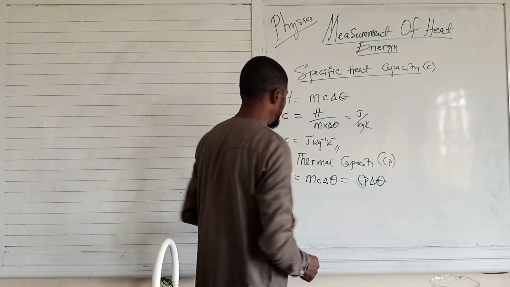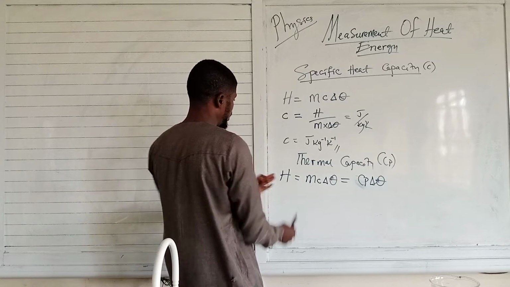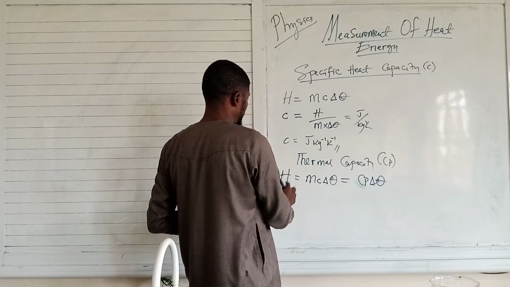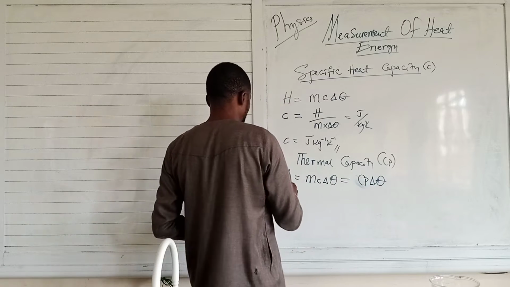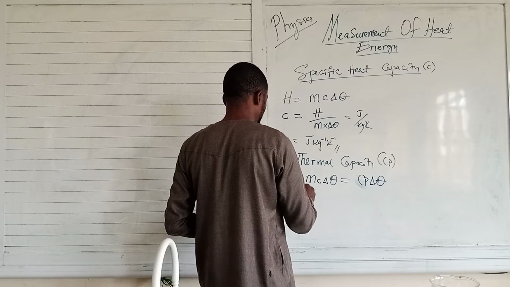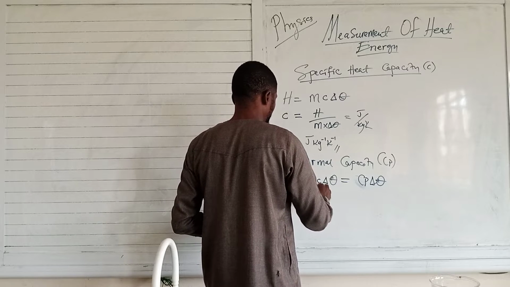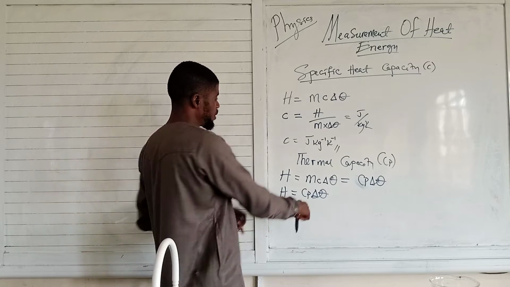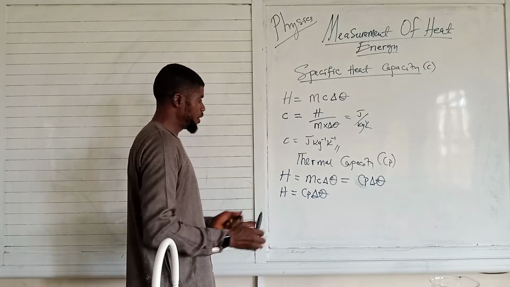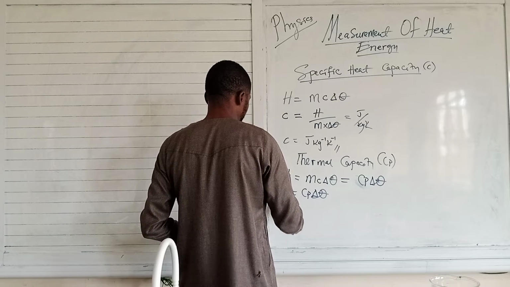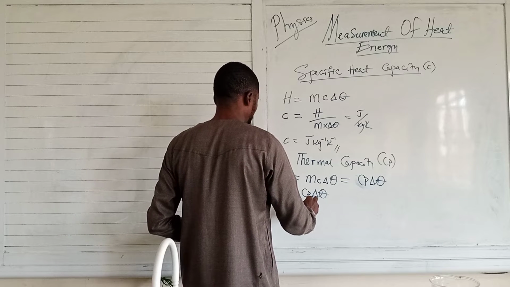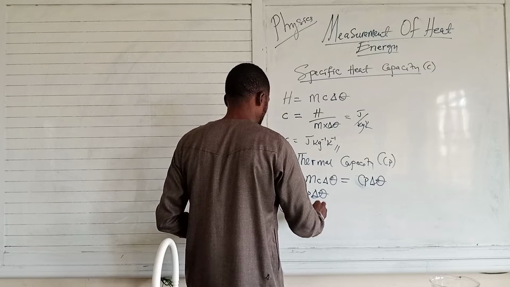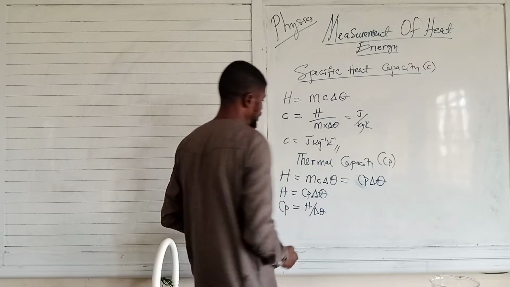So from this equation, if we equate H with this and H with this, we have H is equal to Cp change in theta. If we make Cp the subject of the formula, we have Cp is equal to H divided by change in theta.